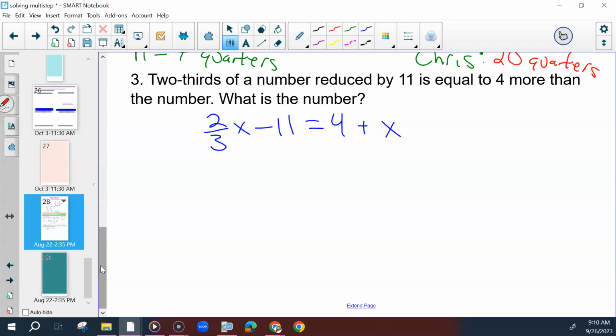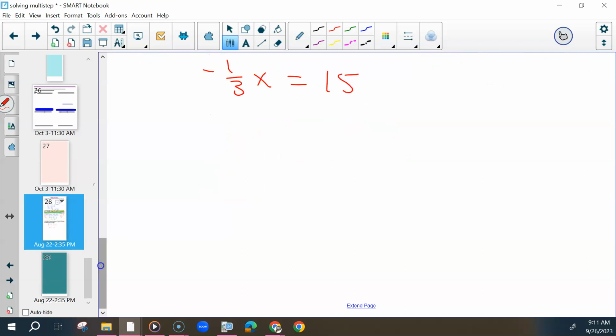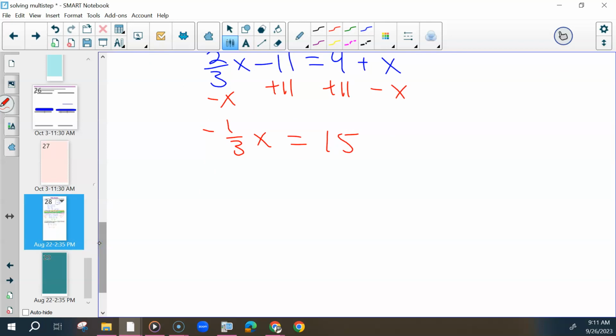What did you say, Ken? Okay. It doesn't matter. In this, we can move both. So let's say we move 11 and then get rid of x. So in your calculators, or by hand, you should have been subtracting 2/3 and negative x to get negative 1/3 x. And then at this point, you could take this and multiply by the reciprocal. So that x was negative 45.